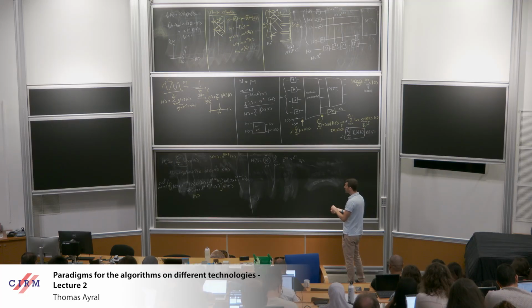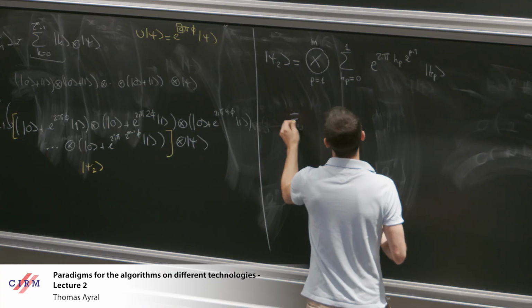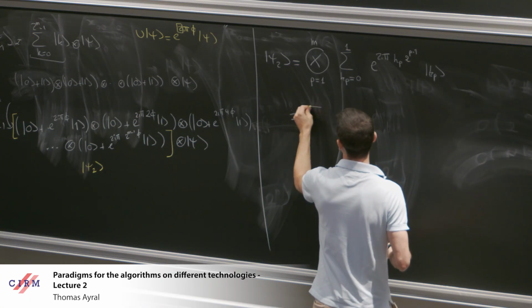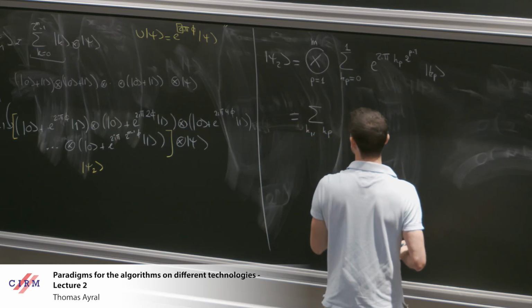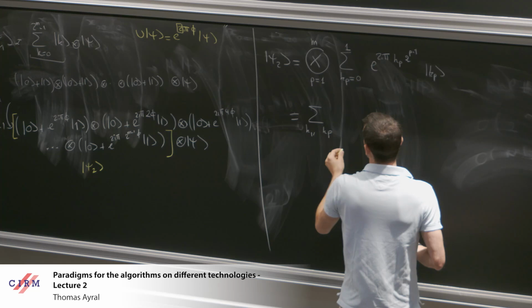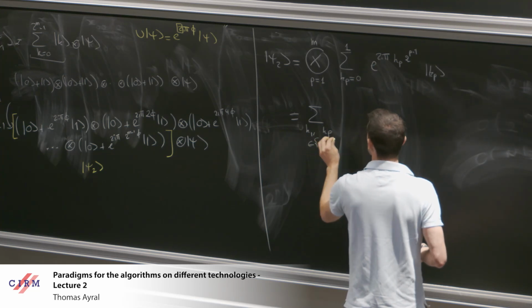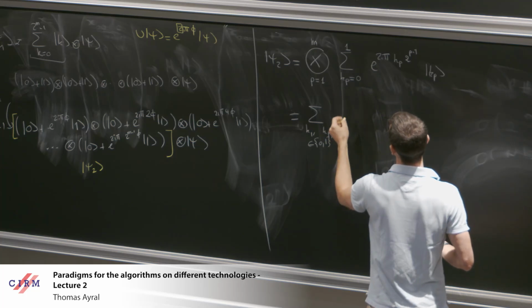And now I'm going to do the same trick as yesterday by swapping the tensor products and the sums. Let's see if I can convince you that it works. I can write it as the sum over k1 to km, all of them in 0, 1, and then I have a tensor product.